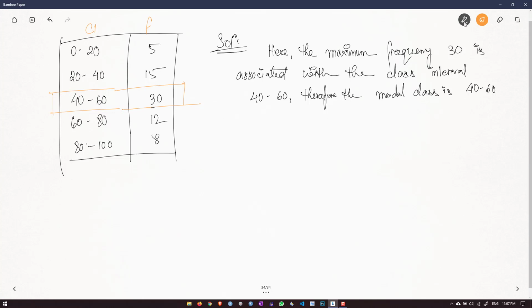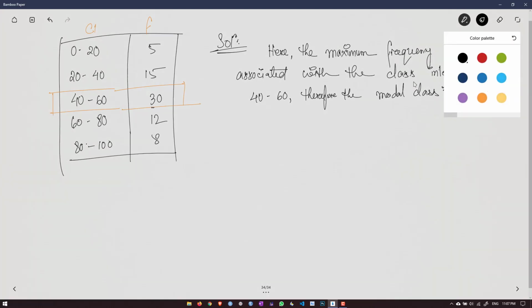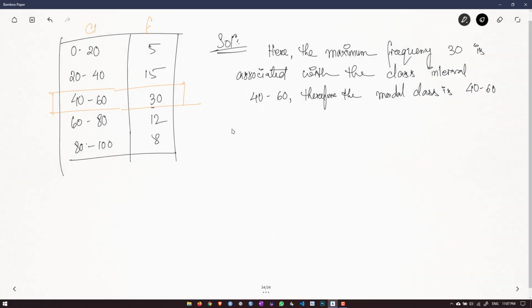Now we found out the modal class using the maximum frequency. Now what is the formula for mode? Let's write in a systematic order.